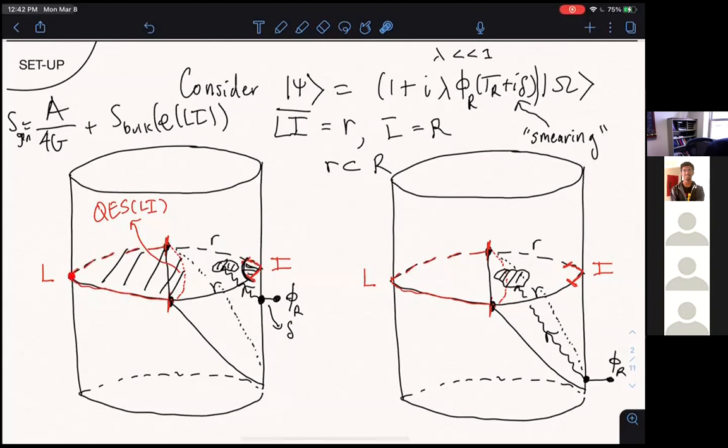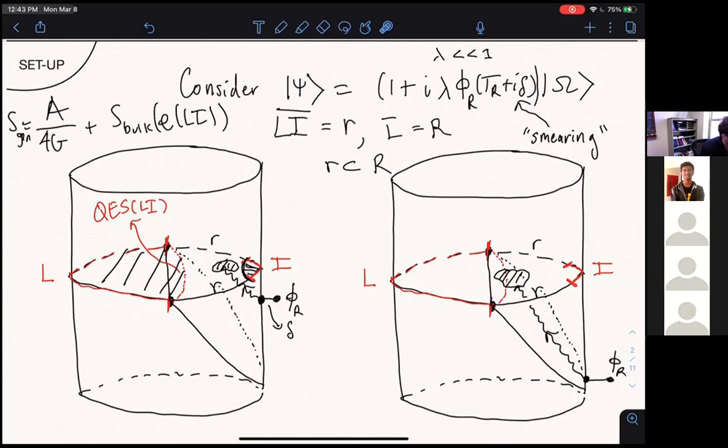So L is a boundary region, some boundary sphere that takes up half the CFT, and I is some other sphere. I'm going to take it to be small, but the boundary region I'm interested in is the union of L and I. So basically, they are arbitrarily chosen, right? Pretty much arbitrarily chosen. Okay. Thank you. Now I'm going to explain why I'm interested in these.